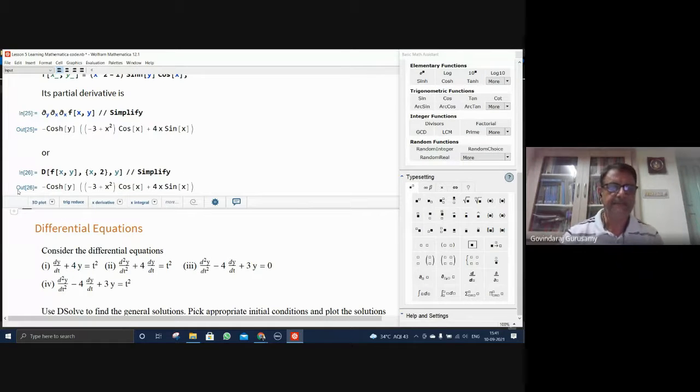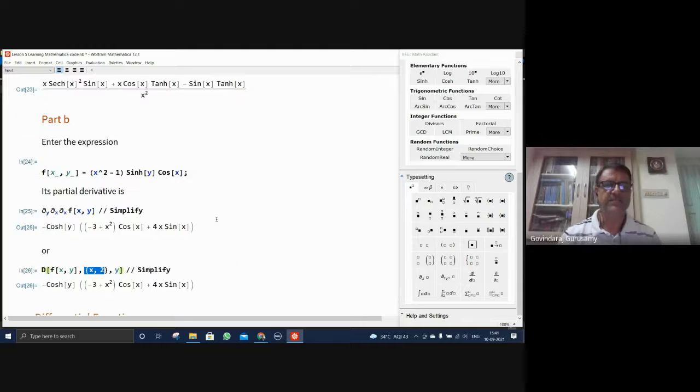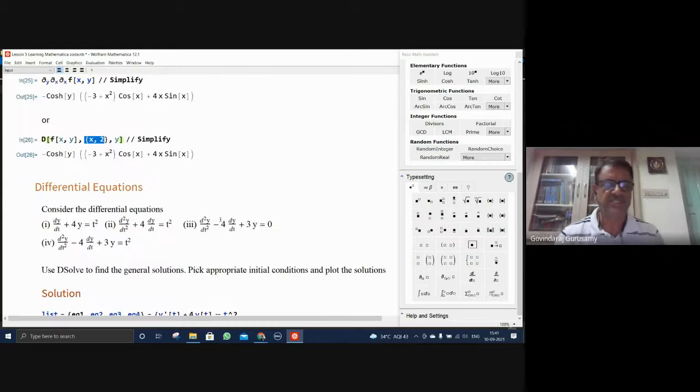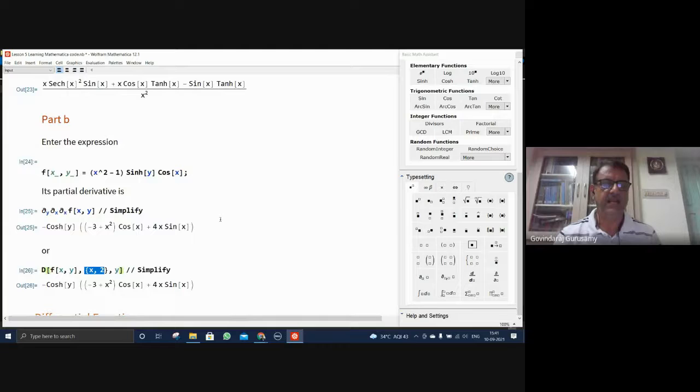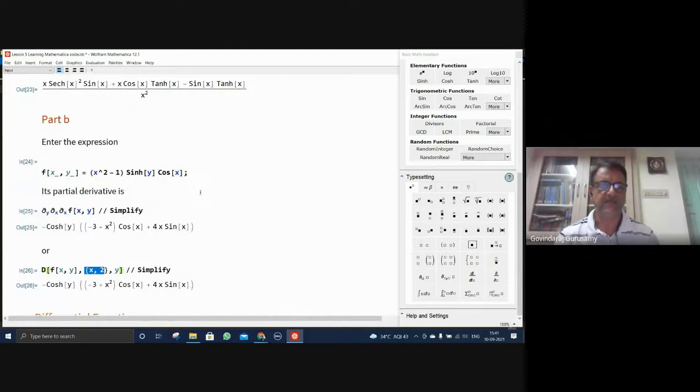I hope it's clear. x should be done twice, that's why x comma 2, y should be done once. So they are one and the same. So partial differentiation is comfortably handled by using Mathematica. It is not a complex thing at all.